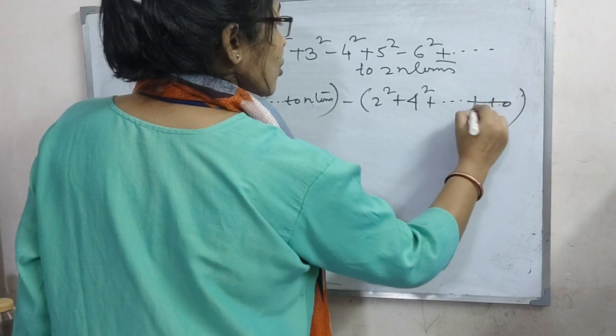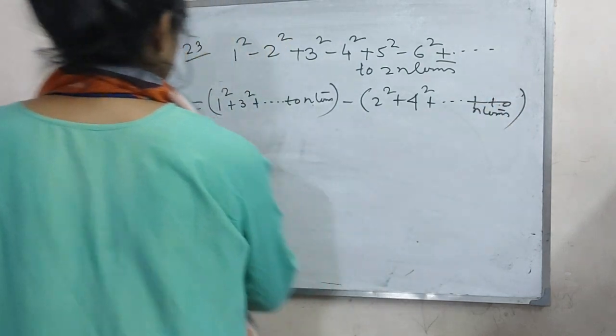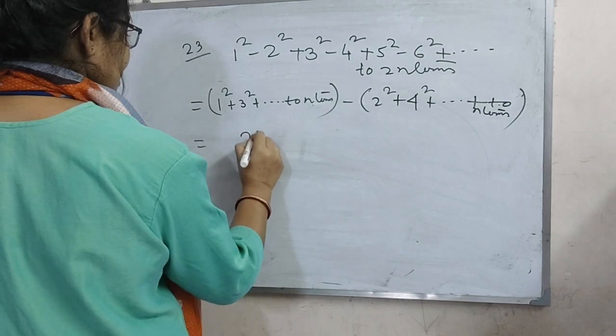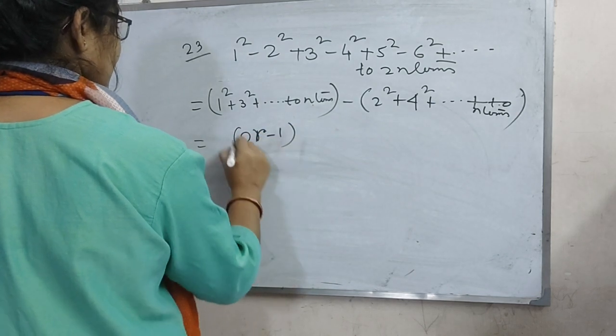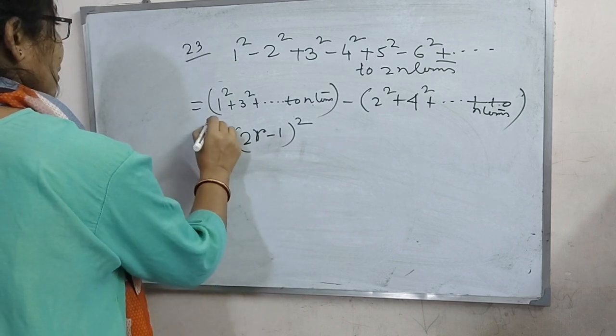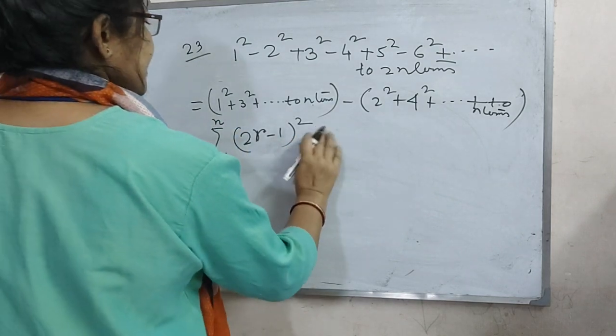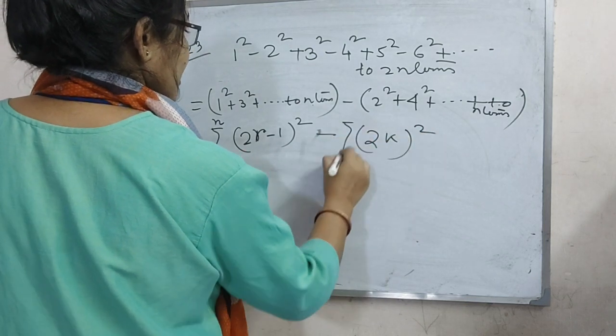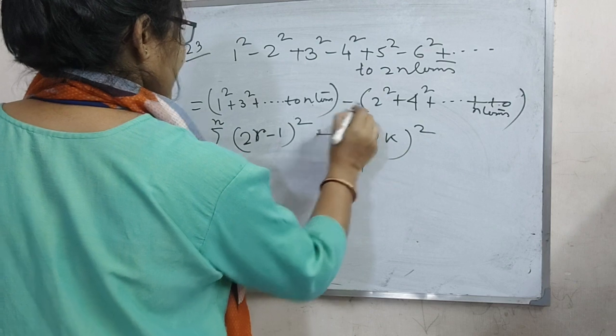This to n terms equals, we can write it, the summation of (2r minus 1) whole square, r equal to 1 to n, minus the summation of (2k) whole square, k equal to 1 to n.